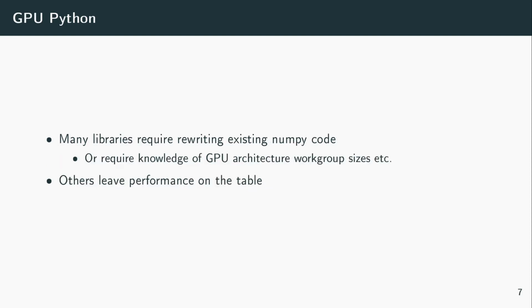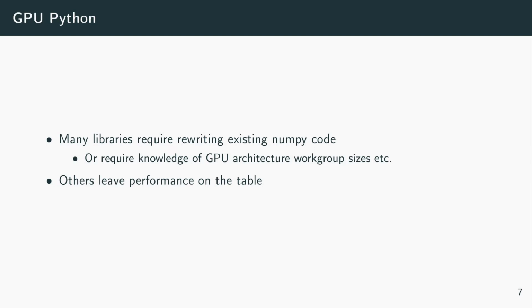Many of these libraries require rewriting existing NumPy code, or they require knowledge of GPU architecture such as workgroup size and so on. To use Numba, for example, it's not as simple as that: you have to rewrite part of your NumPy functions to take advantage of the GPU.